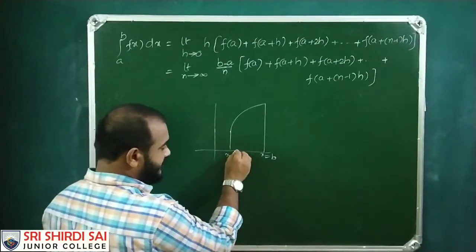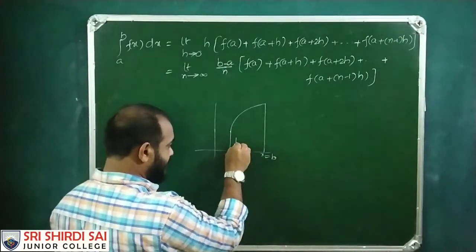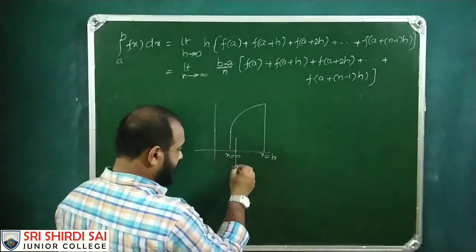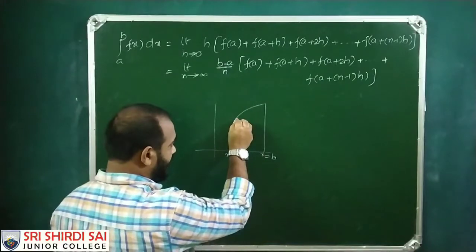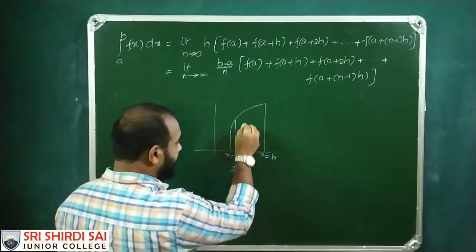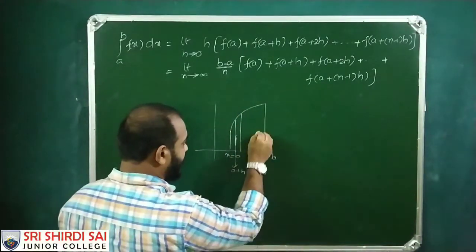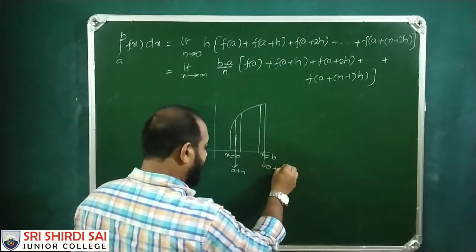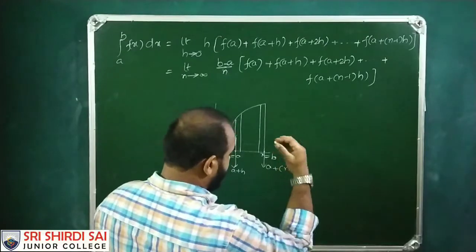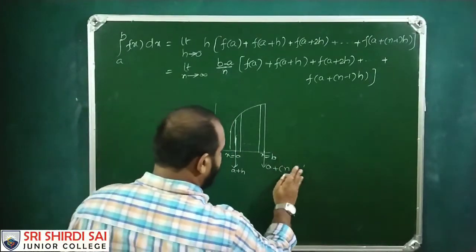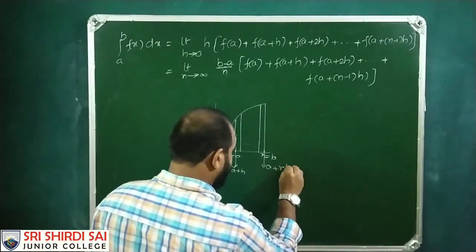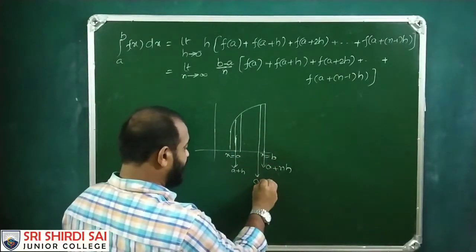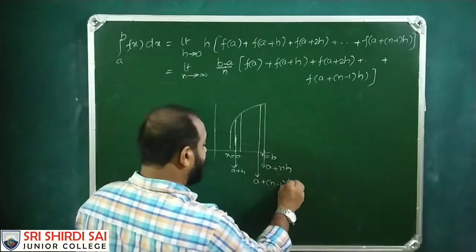Therefore this is a plus h, a plus 2h, a plus 3h, etc. The last rectangle is a plus nh, and the penultimate one is a plus (n minus 1) into h.